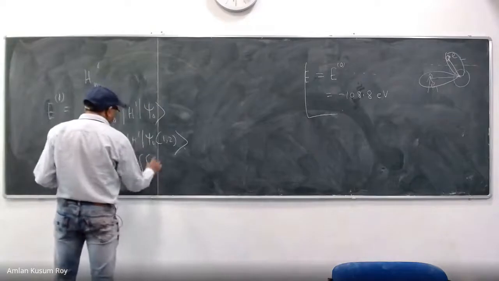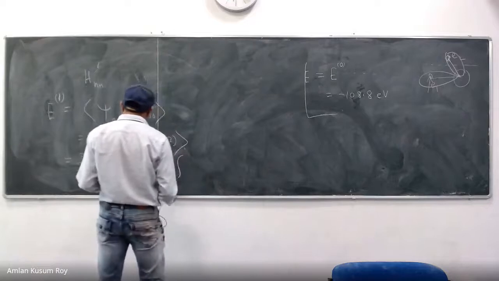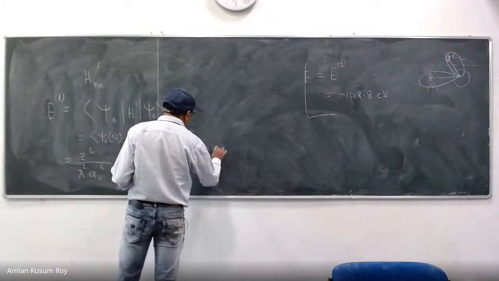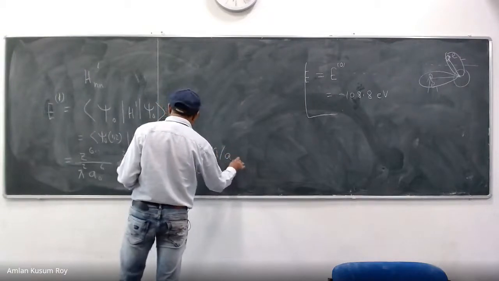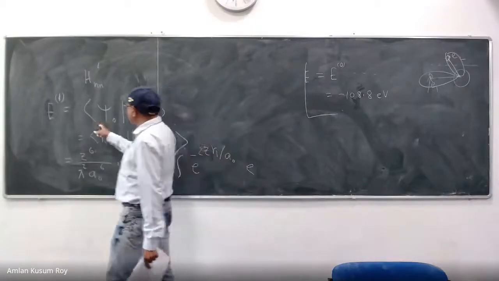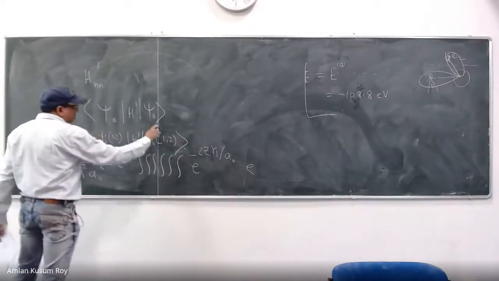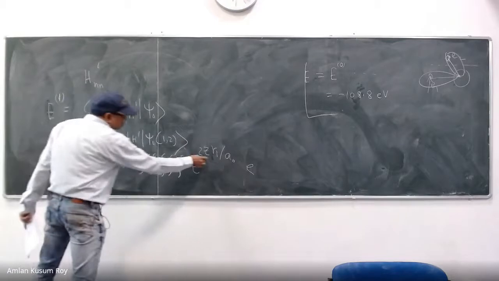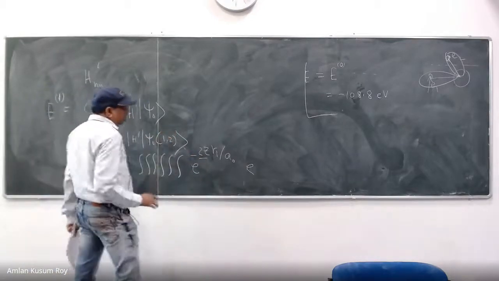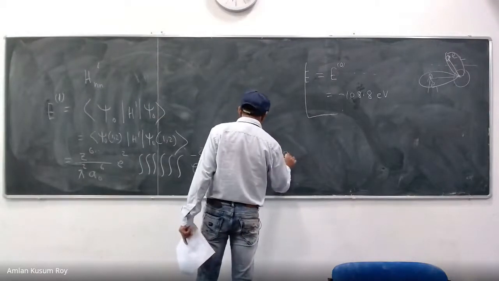So I do need to write the 6 integrals, 1, 2, 3, 4, 5, 6, with e to the power minus 2 Z r1 over a0, because you have psi star and psi. The 1s wave functions are real, so it becomes 2, and that will also give e to the power minus 2 Z r2 over a0.